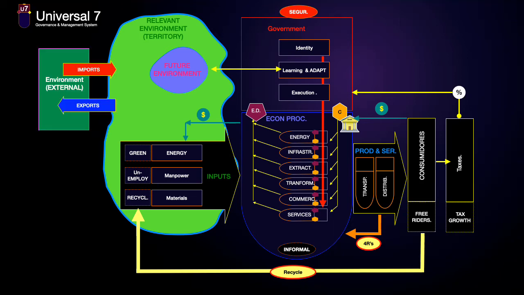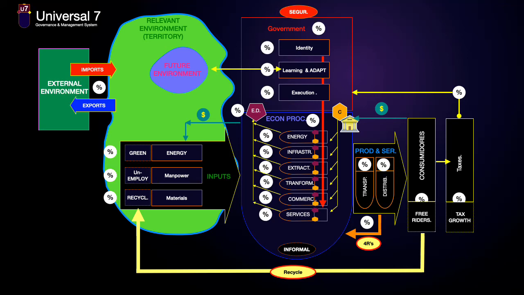Here I add the external environment in this little green window, and we need this in order to quantify exports and imports. This graph adds a white circle to all the places that require some sort of measurement.